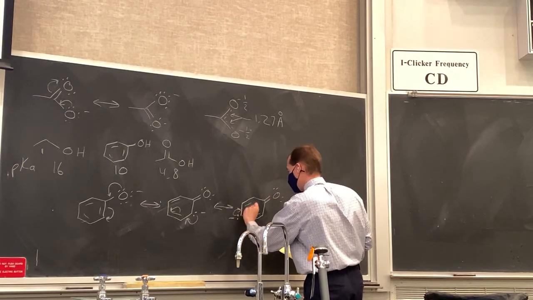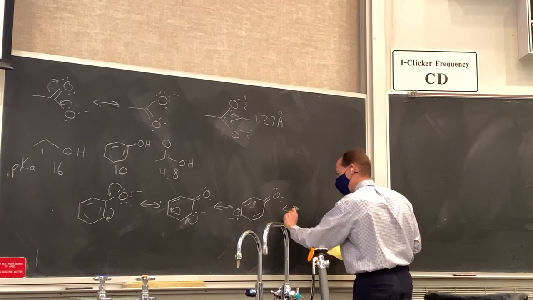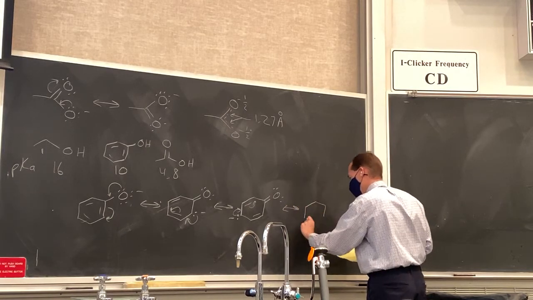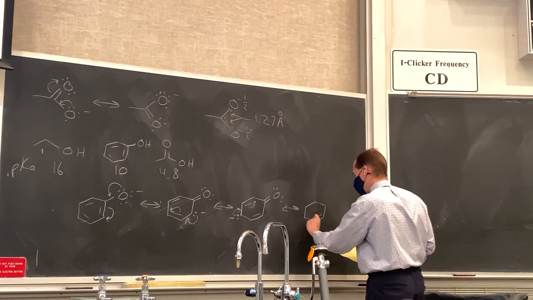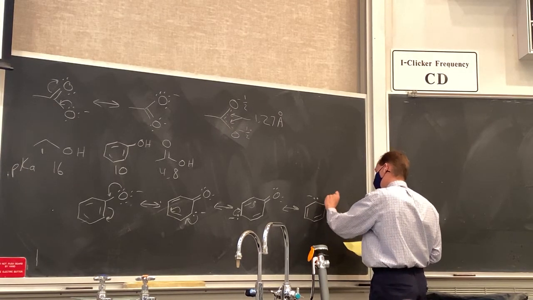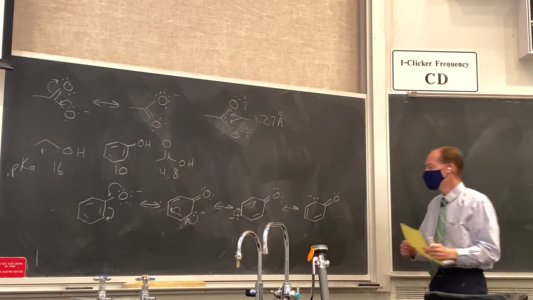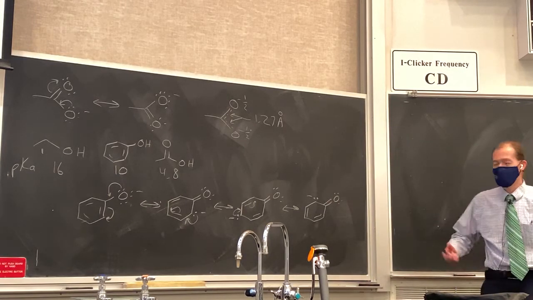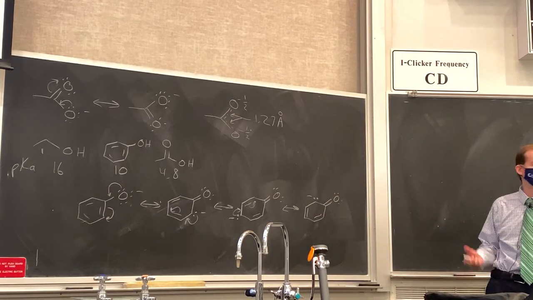And we can move it to one more carbon. So how many atoms are sharing the negative charge in phenoxide?